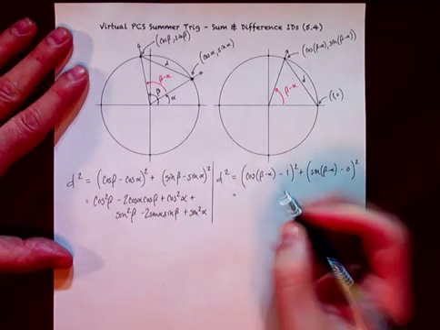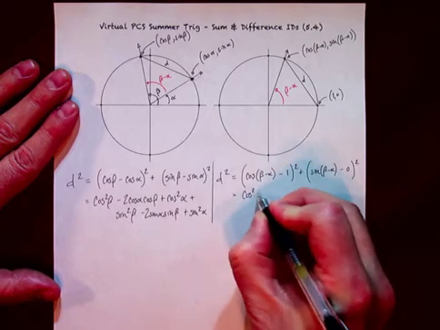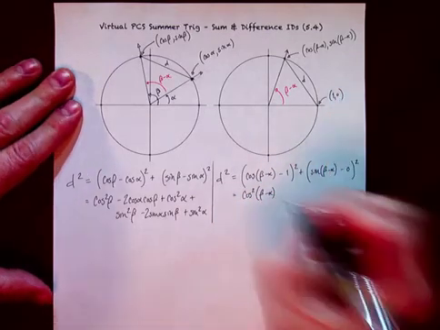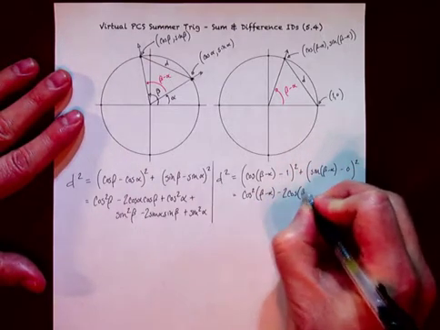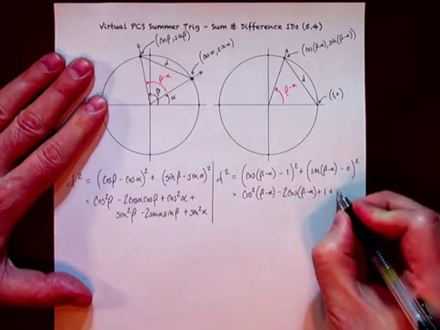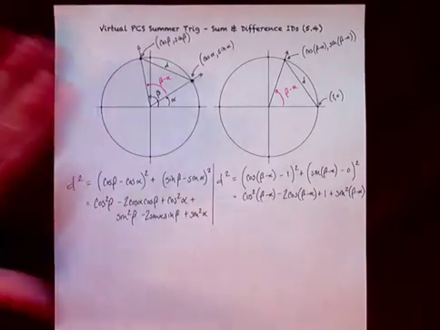Over here, I don't have quite as much notation because one of these ordered pairs was just 1 and 0. 2 cosine of beta minus alpha plus 1, and then of course there's the sine squared beta minus alpha.